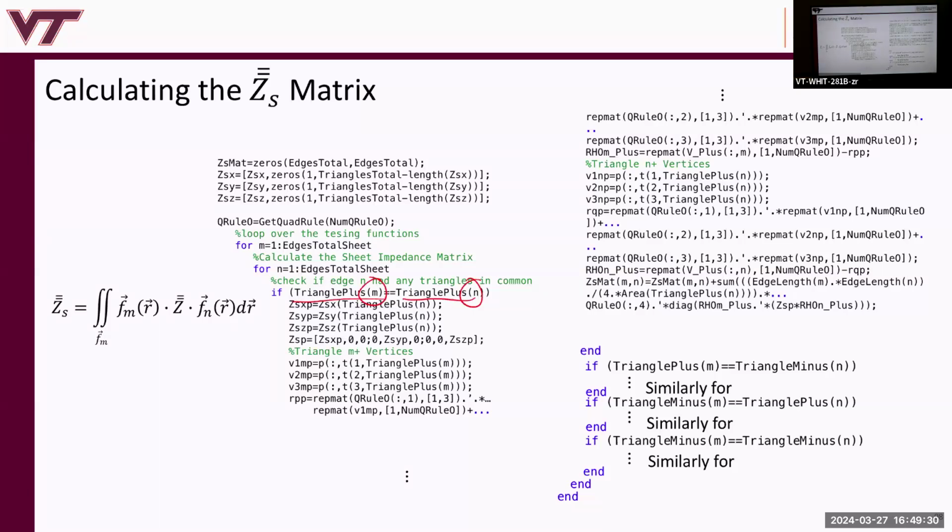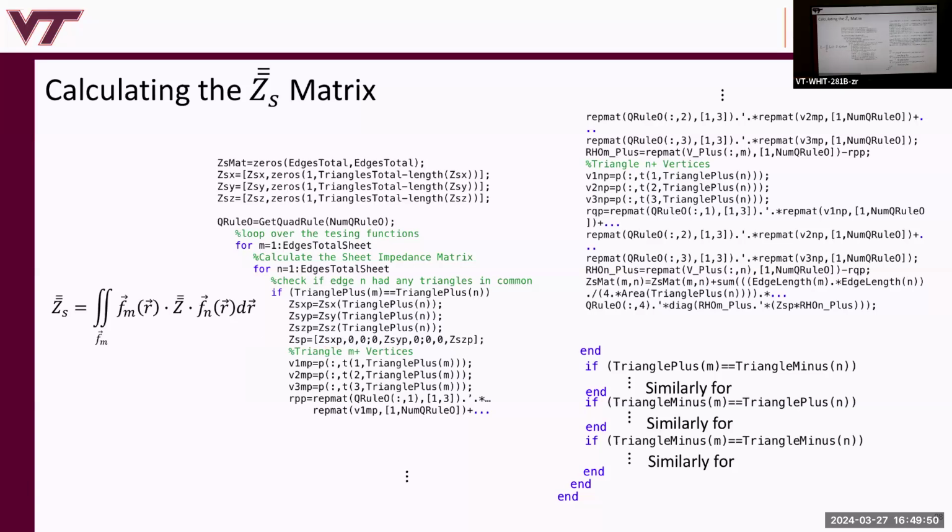Is it the case that these two edges share triangles and that happens to be both plus triangles, right? If that's true, then you calculate your diagonal Z sheet matrix. Then you know this integral is not going to be zero. So you calculate your diagonal sheet impedance matrix from your known impedances.